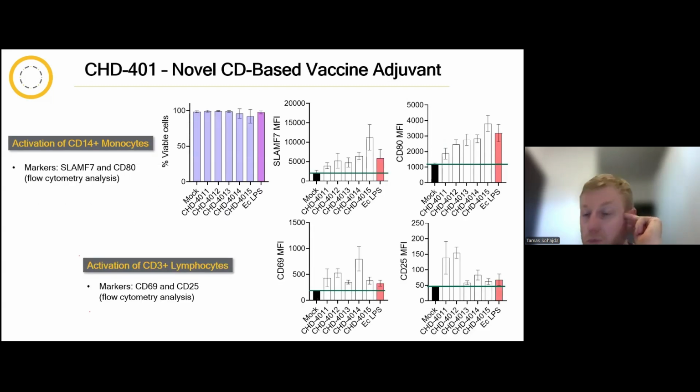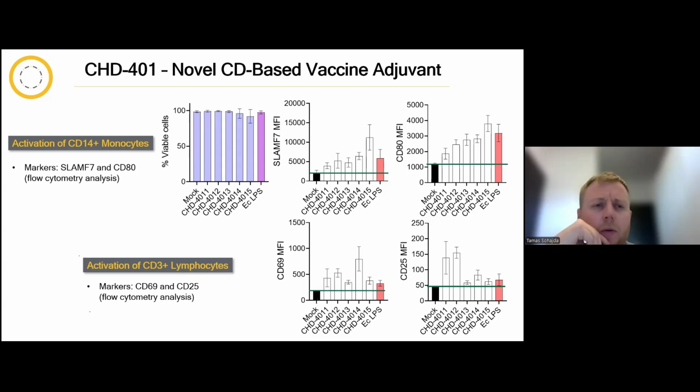And this topic was really interesting for us, so we initiated a collaboration with Marseille University not that long time ago to explore. Okay, so now we have two cyclodextrins that we know to have adjuvant effects.